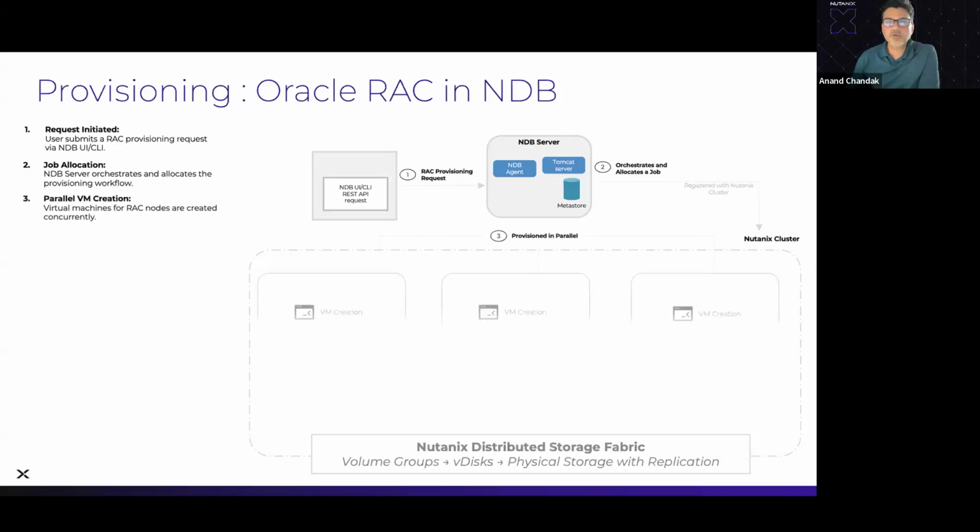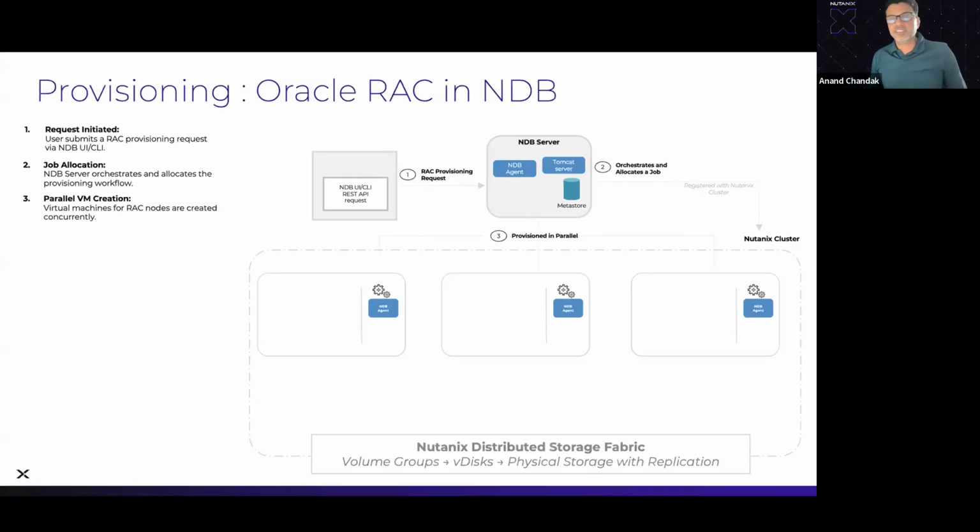So the first thing that we do is, for example, if you are spinning up a 3-node RAC cluster, we spin up 3 VMs, as you saw on the screen. And this is one of the differentiators. To cut down the provisioning time, we parallelize this. We spin up the VMs, and a small monitoring software, what we call the NDB agent, which essentially manages the entire lifecycle, is attached.